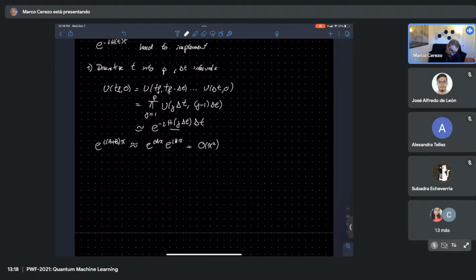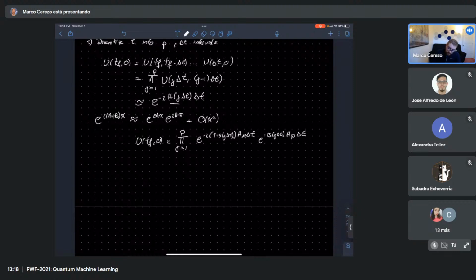So what we end up getting is that U(T0) is going to be a product of j going from 1 to p of e^{-i(1 - s(j Δt)) H_M Δt} e^{-i s(j Δt) H_problem Δt}, right?